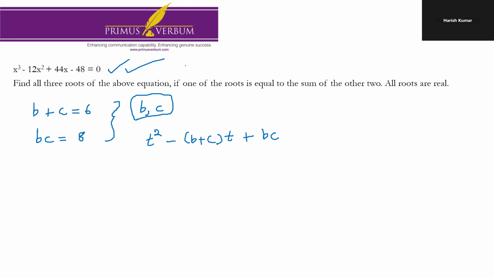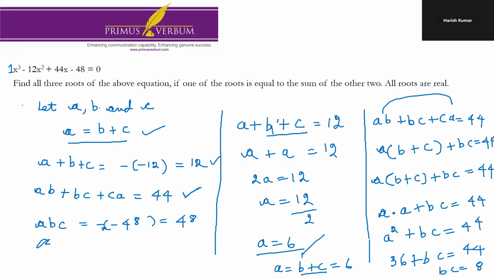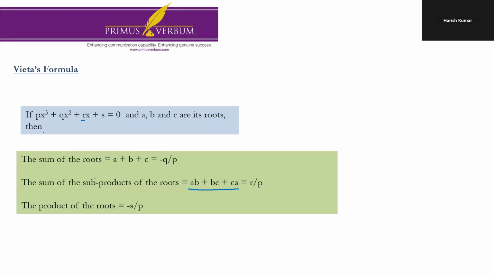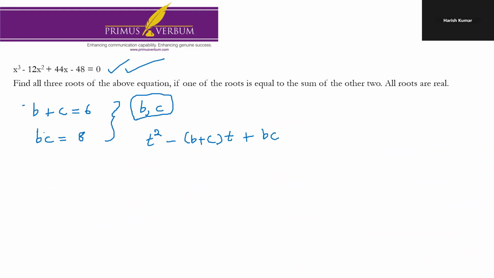We assumed B, C, and A to be the roots of a cubic equation, and then we did some manipulation using Vieta's formulas, and then we came to the conclusion that B plus C is equal to 6 and BC is equal to 8.